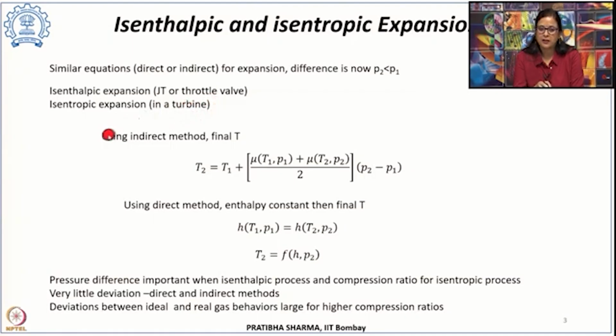Now, if we consider the indirect method, as we have learned in the previous class, during the expansion the final temperature attained by the gas can be obtained as T1, the initial temperature, plus the average value of the Joule-Thomson coefficient considering the pressure steps, multiplied by the pressure difference P2 minus P1 between the two states, where the initial state had temperature T1 and pressure P1, and the final state had temperature T2 and pressure P2.